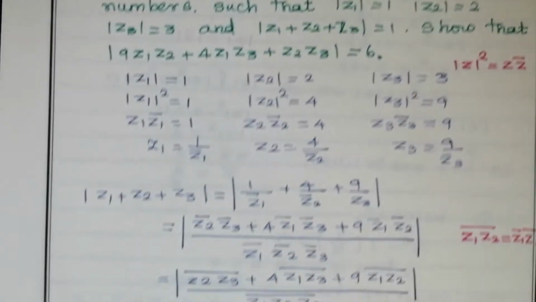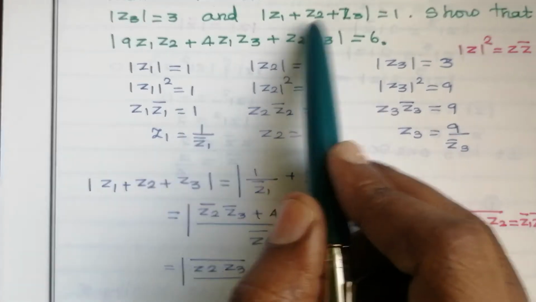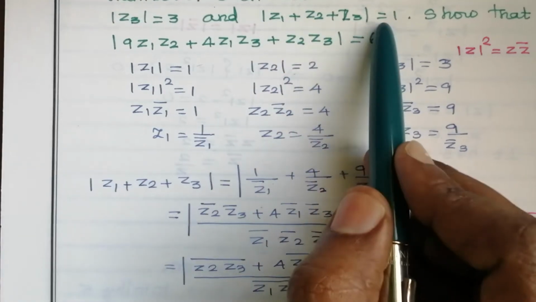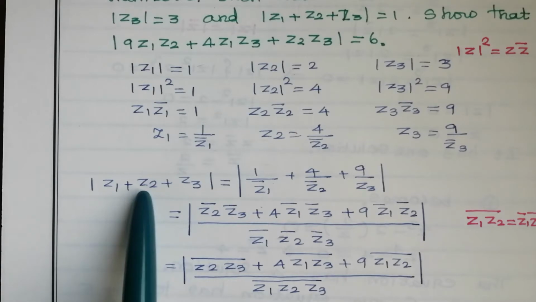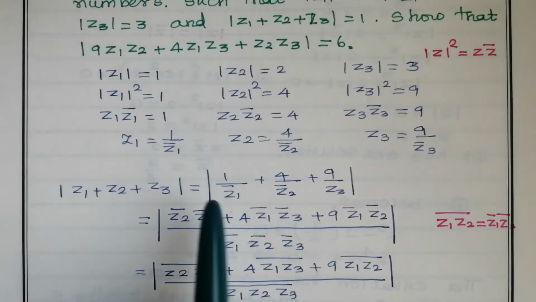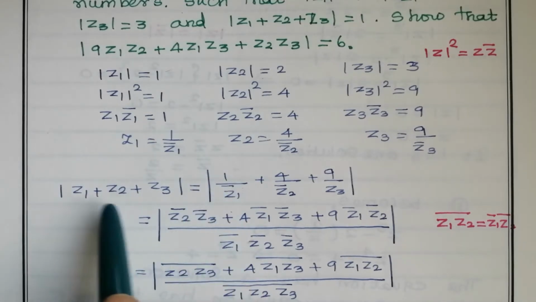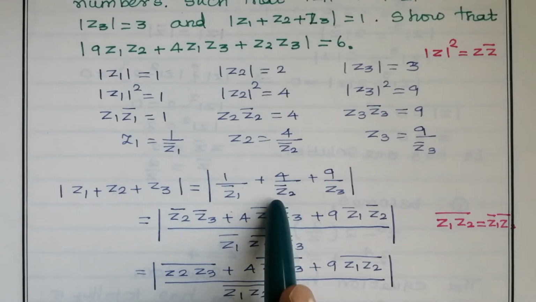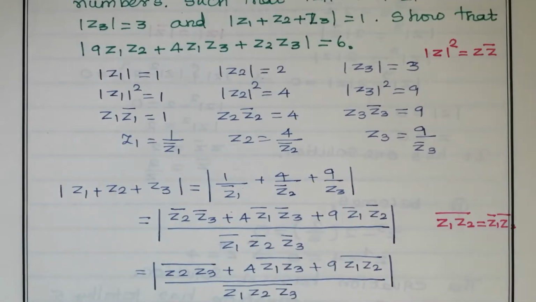Now we know that modulus of Z1 plus Z2 plus Z3 is equal to 1. That is given. So first find the value of modulus of Z1 plus Z2 plus Z3. This is nothing but Z1, which is 1 by Z1 bar, plus Z2, which is 4 by Z2 bar, plus Z3, that is 9 by Z3 bar.